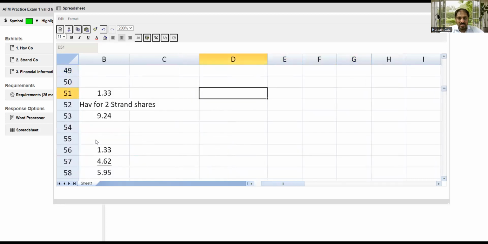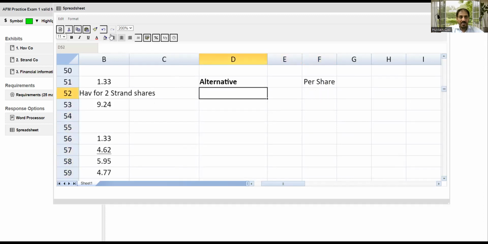We can work out alternatively as well. Alternative. All the game is based on per share. So Strand will receive per share cash, that's 1.33, and they receive a share of Have.